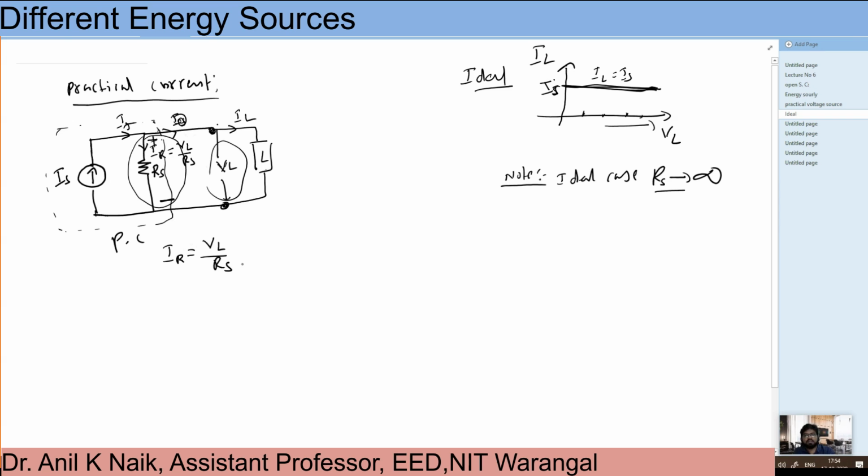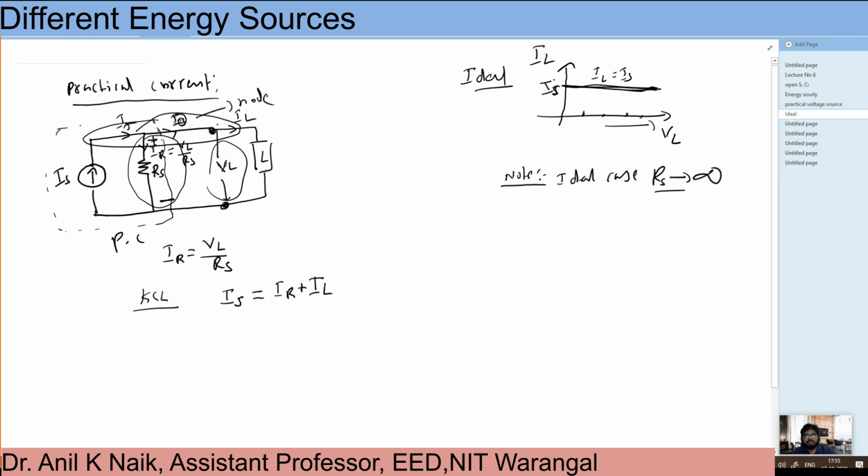Now apply KCL. My current IS is equal to IR plus IL. This is the node I am considering, and for this node I am applying KCL, so IS equals IR plus IL.